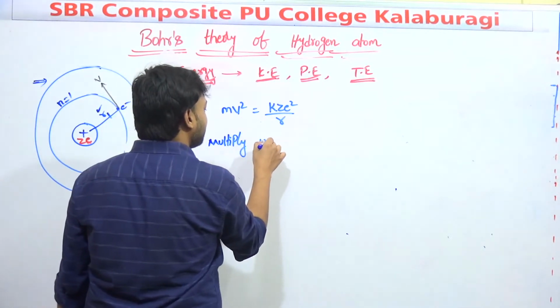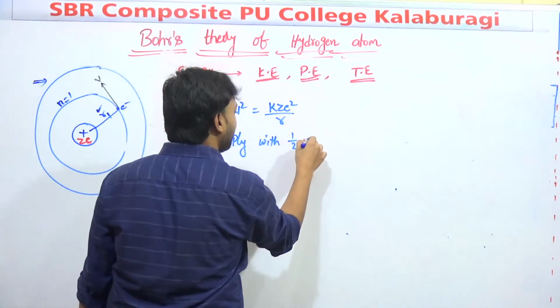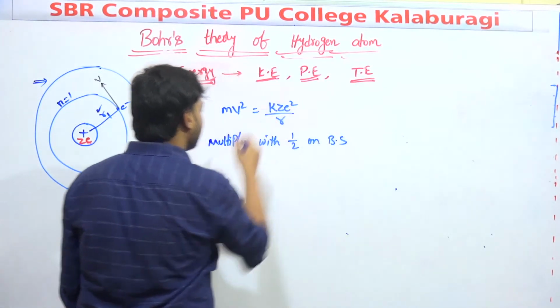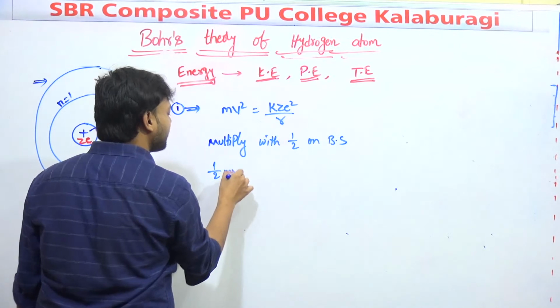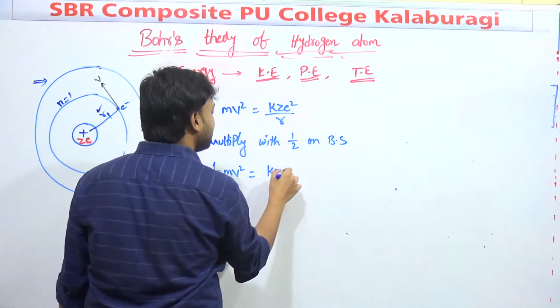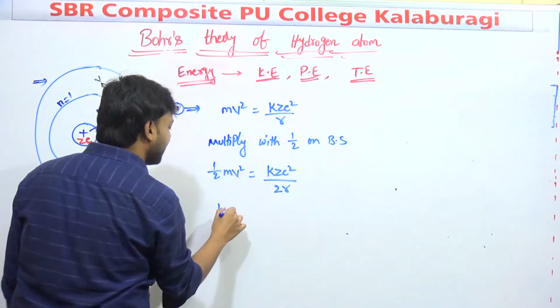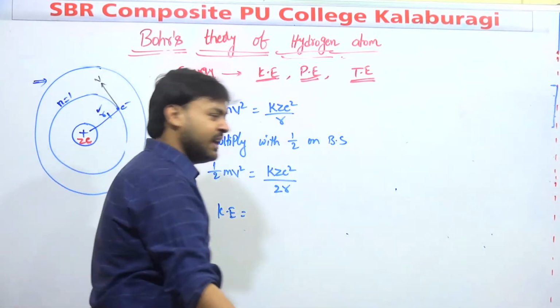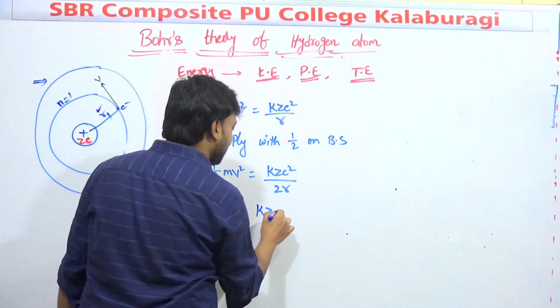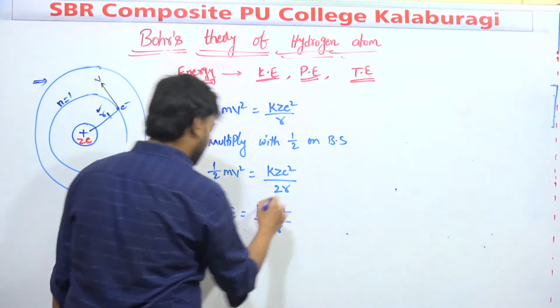So what can I write? Half mv square equals kz e square divided by 2 times r, where the kinetic energy of the electron is nothing but kz e square divided by 2r.